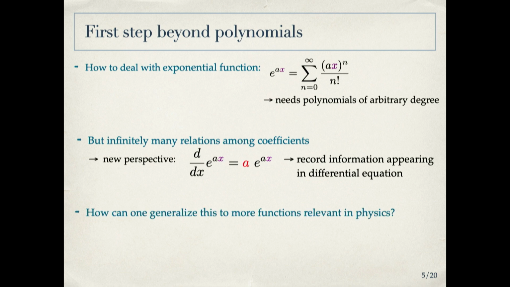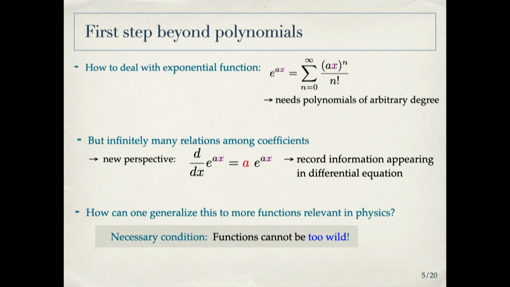The exponential function is still not enough in physics. Think about Feynman integrals. They are much more complicated functions. So we need to generalize this even further. And so we need to first start with a very basic set. What are the minimal conditions we have to impose on a function such that this is possible?